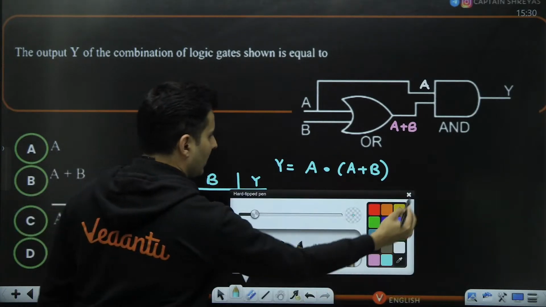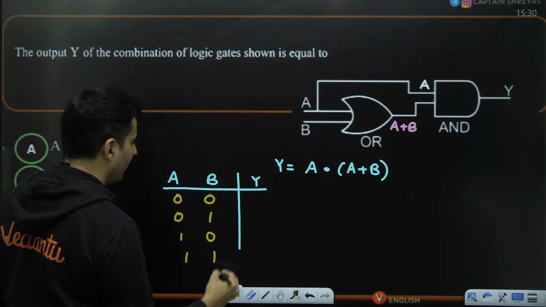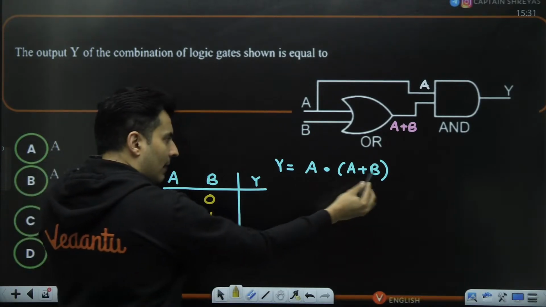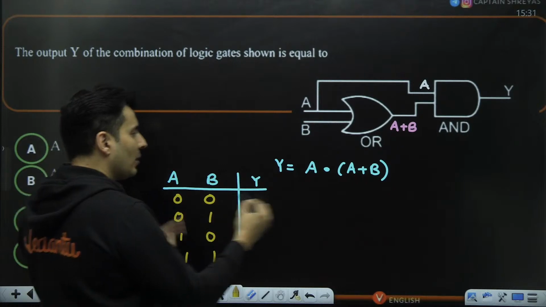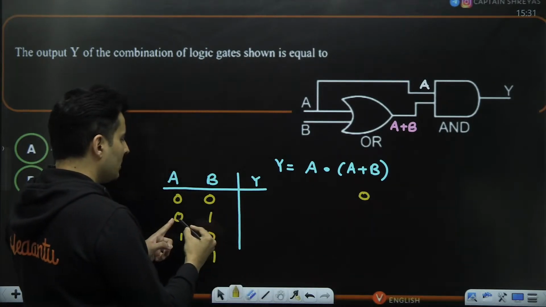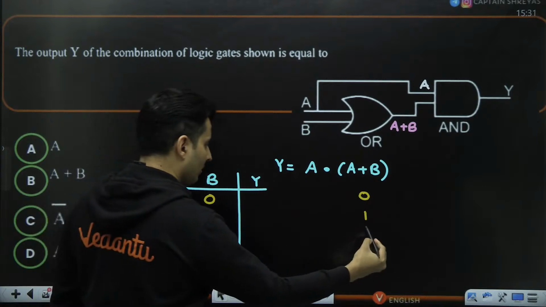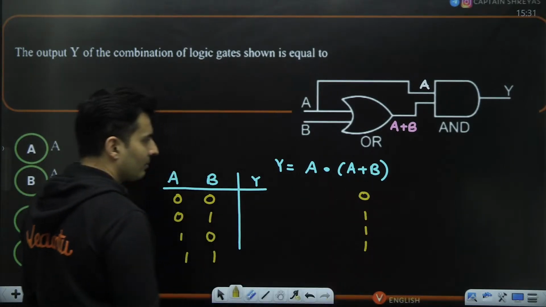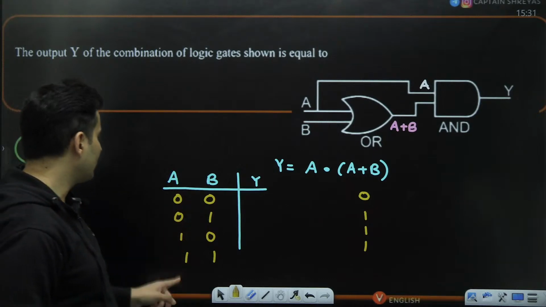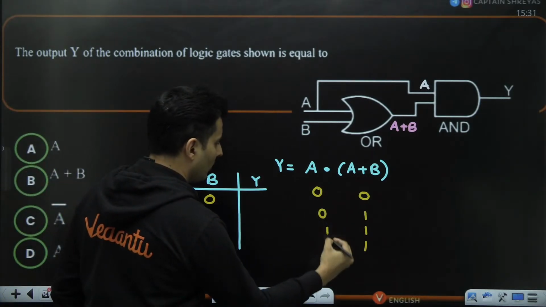My dear students, it is 0, 0, then 0, 1, then 1, 0, then 1, 1. A plus B: 0 or 0 will be 0. 0 or 1 will be 1. 1 or 0 will be 1. 1 or 1 will again be 1. What is A in each case? 0, 0, 1, 1.